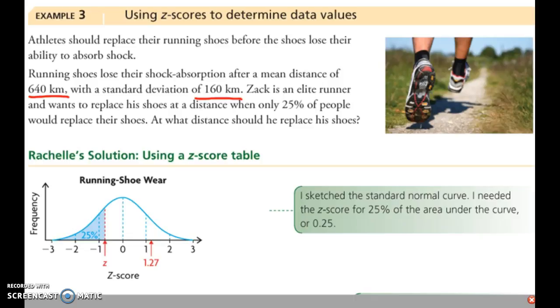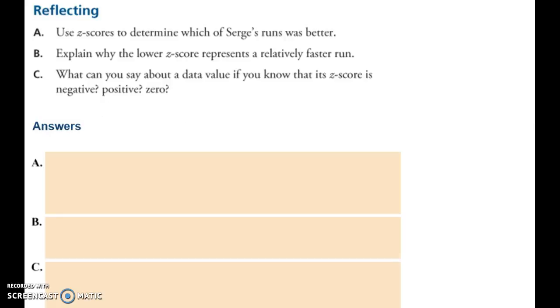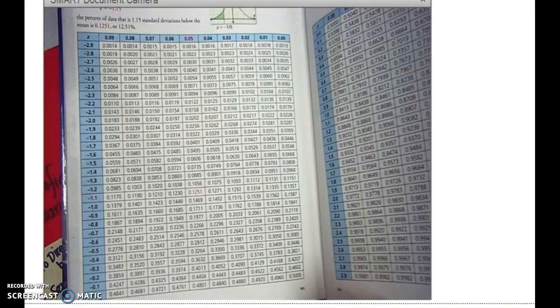So again, we would go back to those tables that I showed you in your textbook, and we would be looking for, in this information, where 25% would show up. So if you notice, 25% shows up at 0.67.